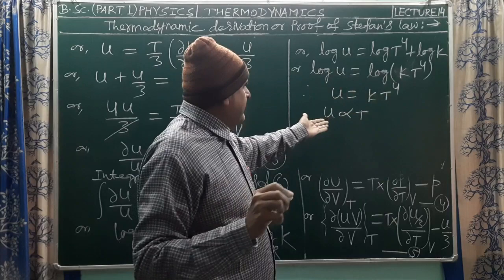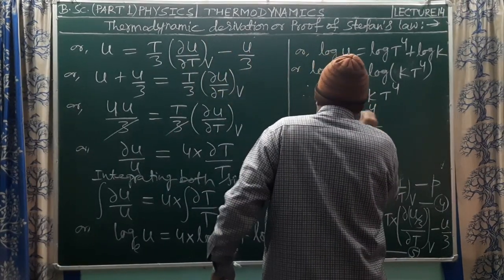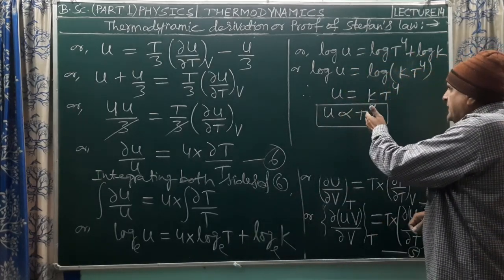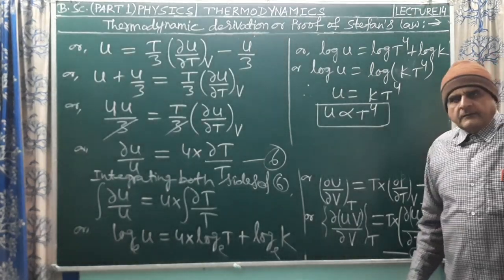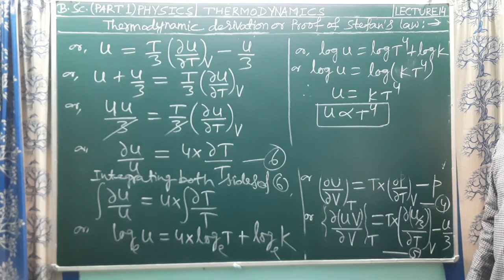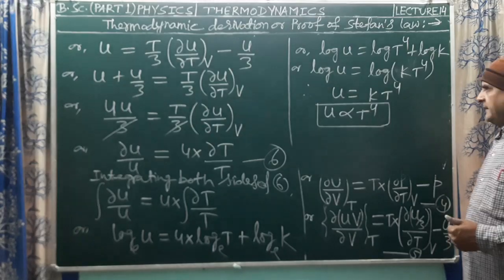So we can write it as u varies as t to the power 4. That is energy density of black body radiation is directly proportional to fourth power of the absolute temperature of the enclosure, interior of the enclosure or black body radiation.